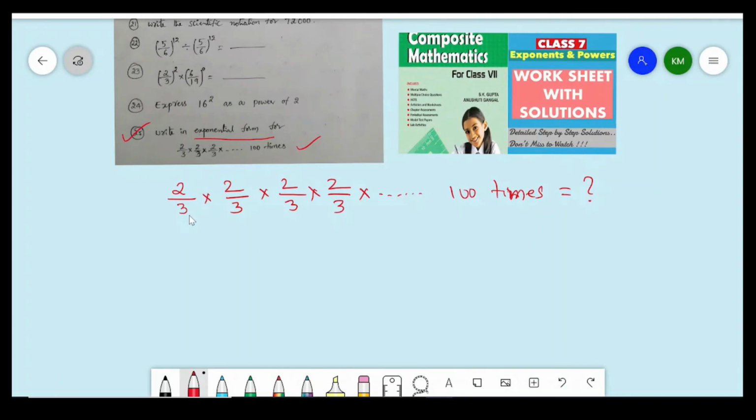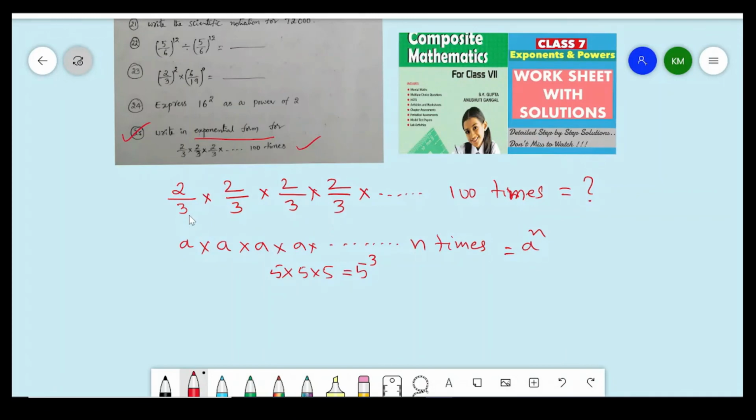The definition of exponential form itself is a multiplied by a multiplied by a, up to n such multiplications, n times. The value here is a raised to the power n. For example, if I take 5 multiplied by 5 multiplied by 5, 3 times, this is nothing but 5 raised to the power 3.